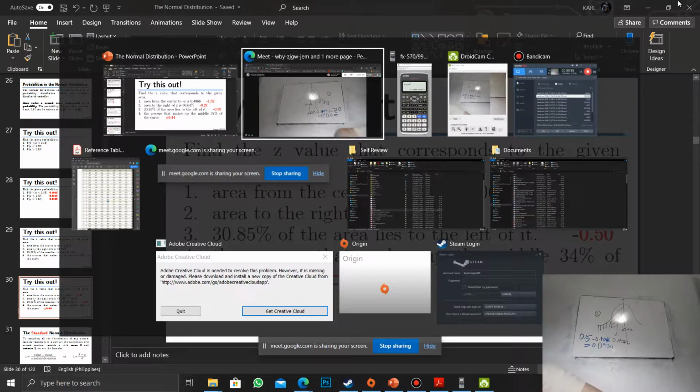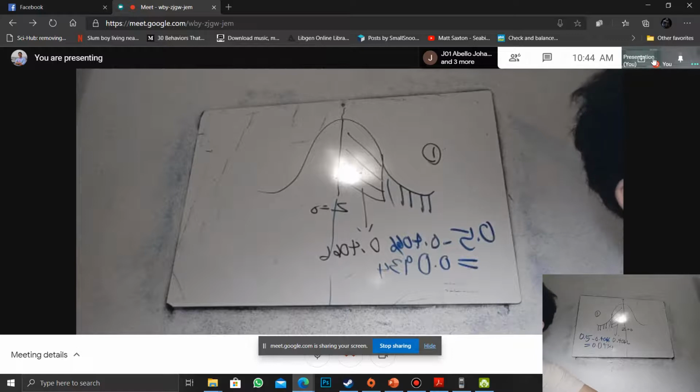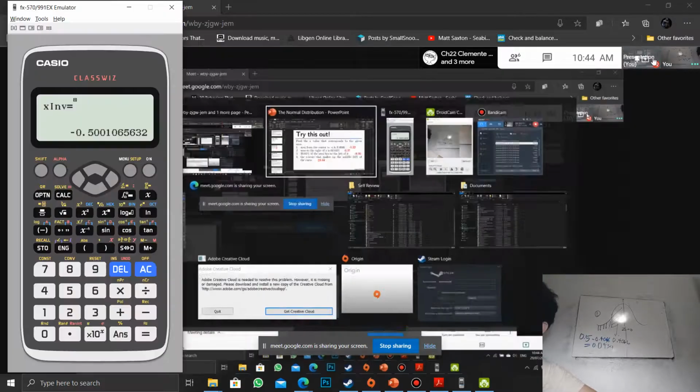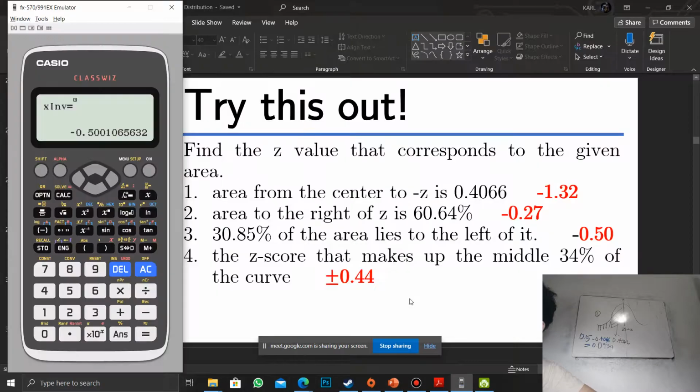So, ipapasok natin to sa calculator. Please look at my calculator. Ayan, inverse normal yung function, ha? Inverse normal. 0.0934. You'll get negative 1.32.